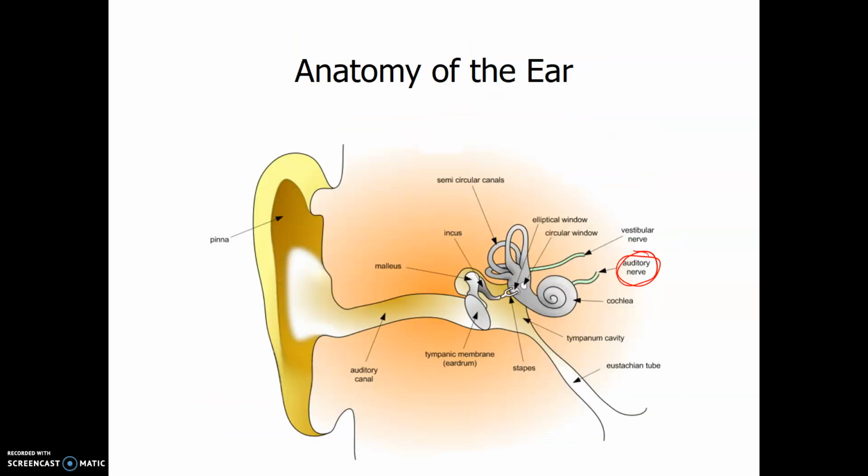But there's also an auditory nerve that's a combination of all of the nerves that receive the sensory information and take that information to the brain.